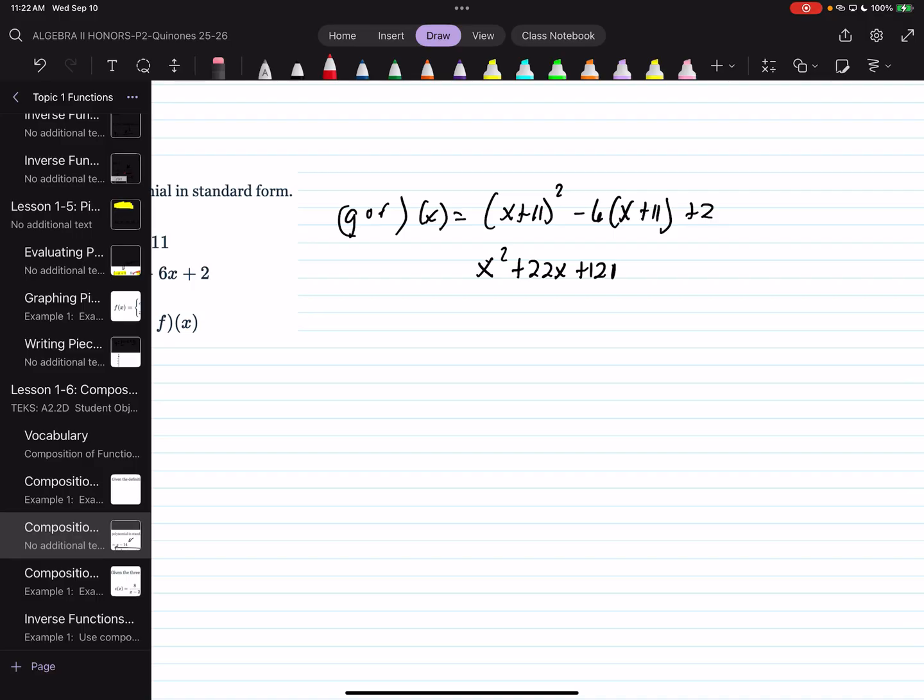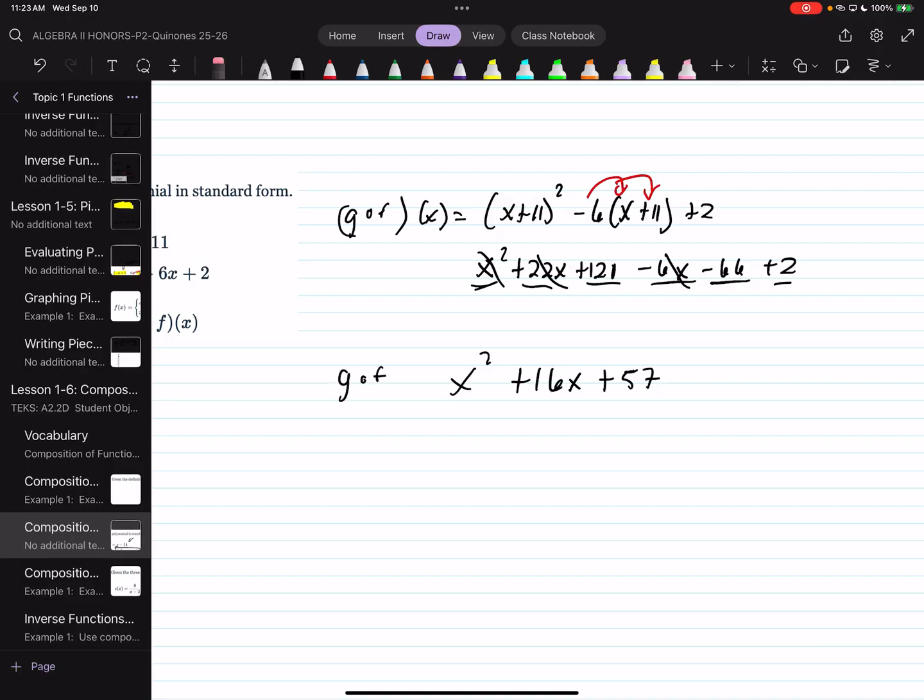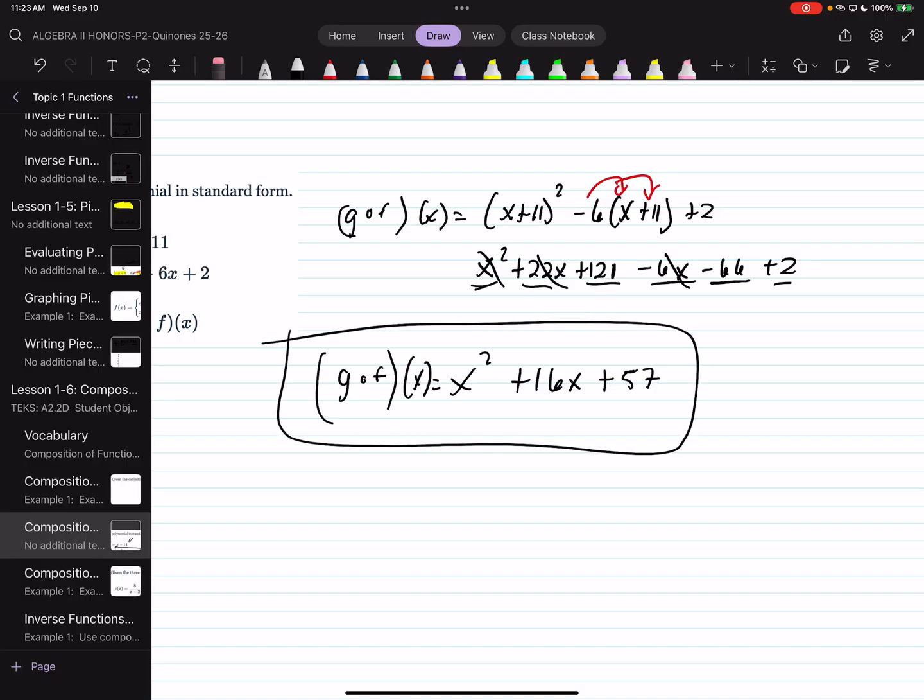After I distribute, this turns into minus 6x minus 66 plus 2. There are no other x squared, so that one goes. There are 2 of these here, so this turns into plus 16x. This minus this plus this turns into positive 57. So g of x is equal to that.